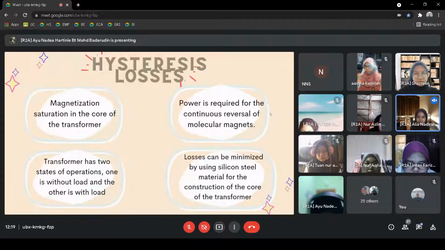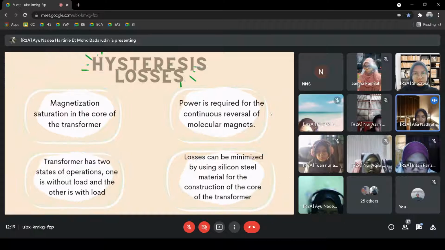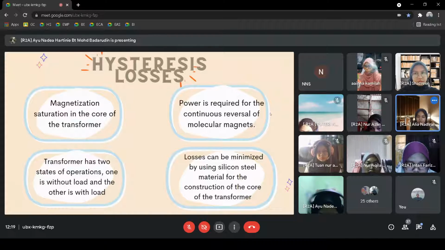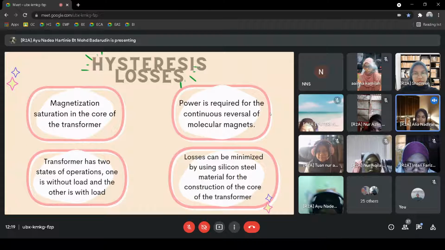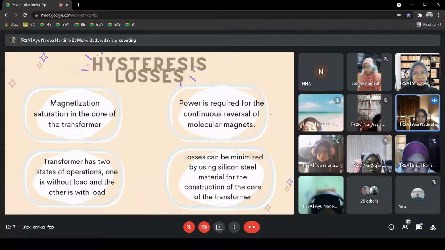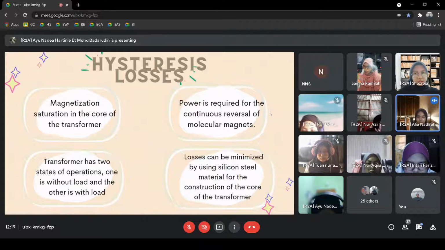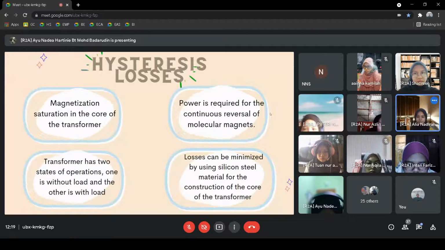Hence, magnetic materials such as silicon steel, which has a very small hysteresis loop area, are used for the construction of the core to minimize the hysteresis loss in a transformer. We as electrical engineers must take care of losses and try to reduce them as low as possible.